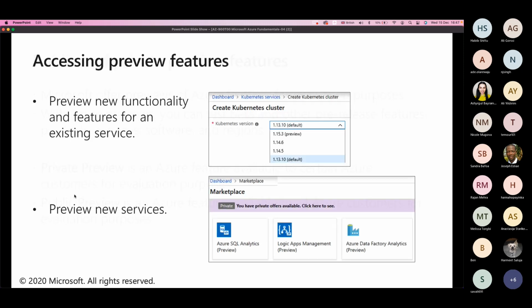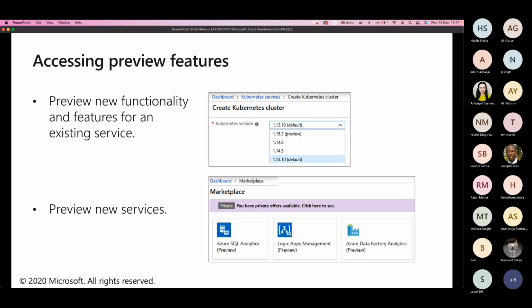Now, if you want to access preview features, preview new functionality and features for an existing service, you might want to go, for instance, to Kubernetes cluster. Okay, we don't really have the scope to talk about Kubernetes here.